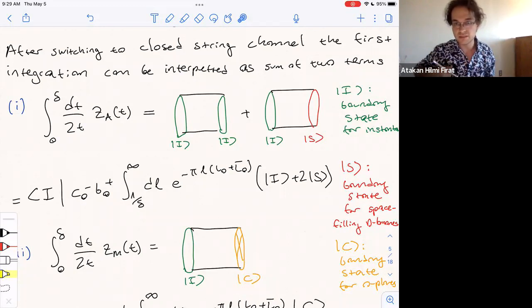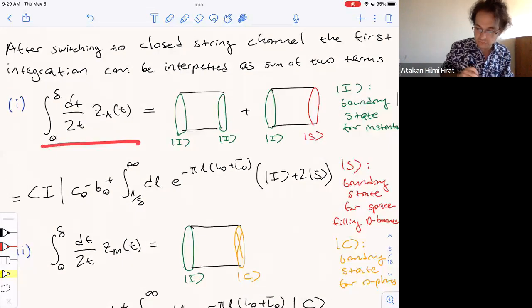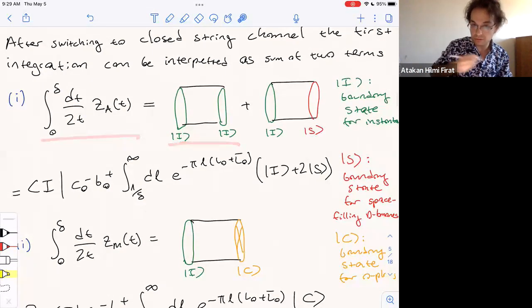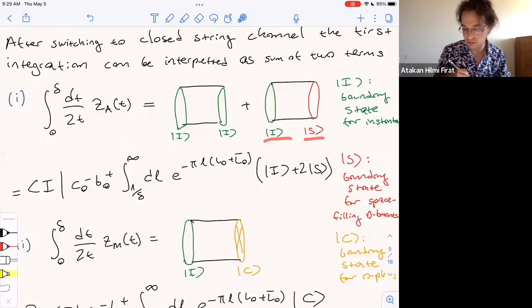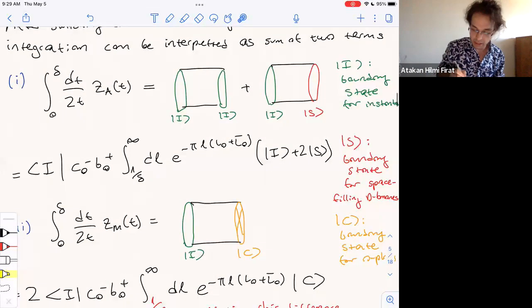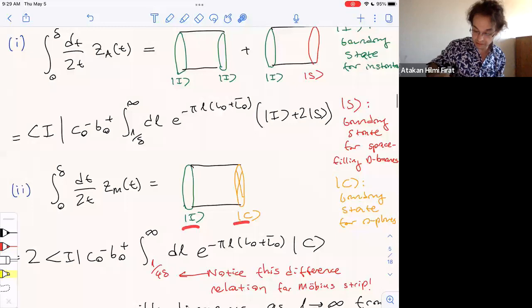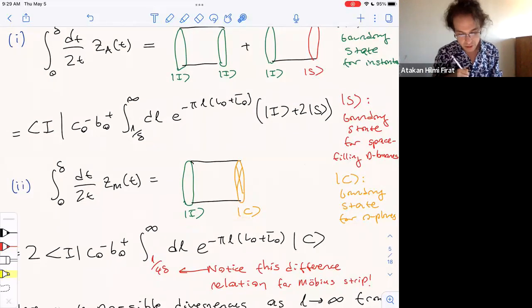Again, since this is some orientifolding, we need to add those to cancel tadpoles. So I can separate into two contributions, which is this one, which is again instanton and instanton, the total boundary state of the space filling branes, and the Mobius strip, and here are their expressions.